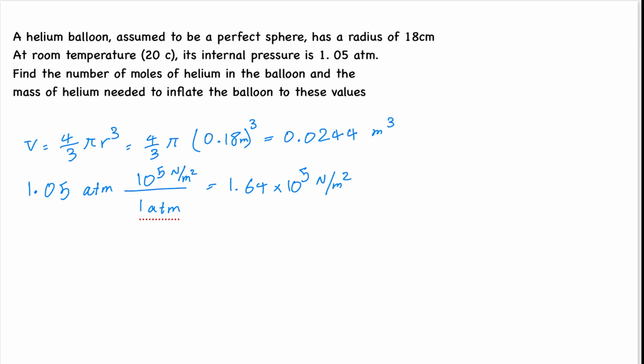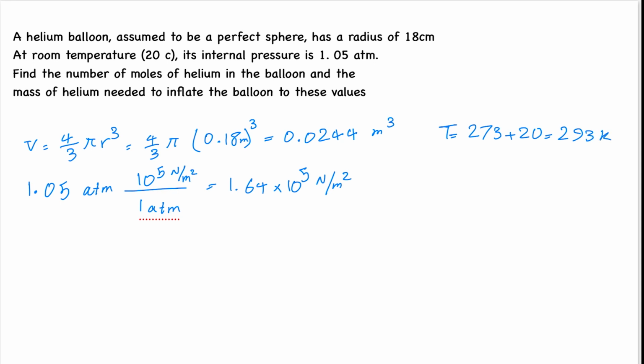And also the temperature should be in Kelvin, but it is given in Celsius. So it will be 273 plus 20, which is 293 Kelvin.